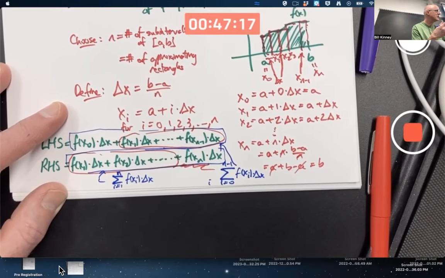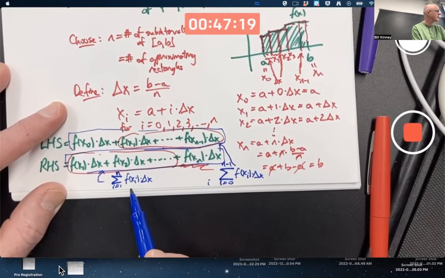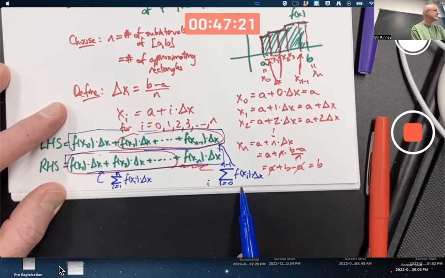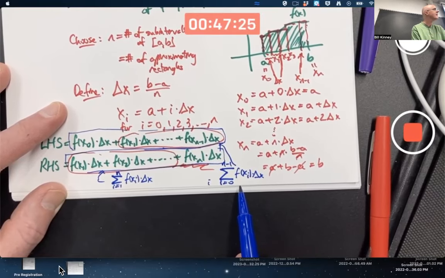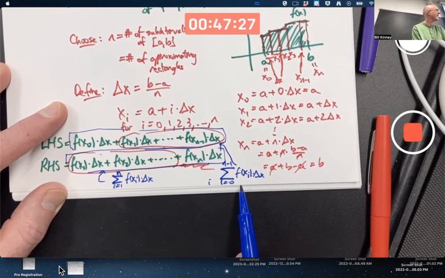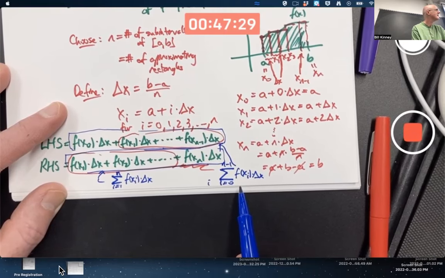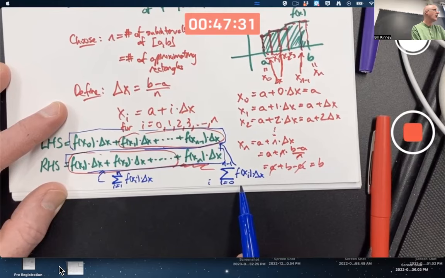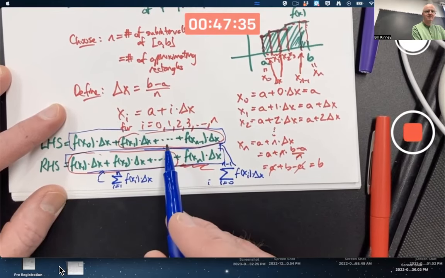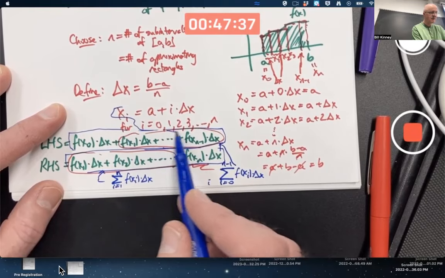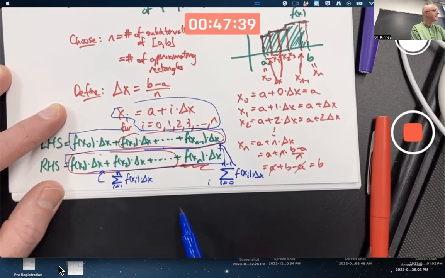First it's 1, then it's 2, then it's 3, then it's 4, etc. Over here, first it's 0, then it's 1, then it's 2, then it's 3, etc. i is an arbitrary index. In these formulas, this one starts at 0 and goes to n minus 1. Here it starts at 1 and goes to n.